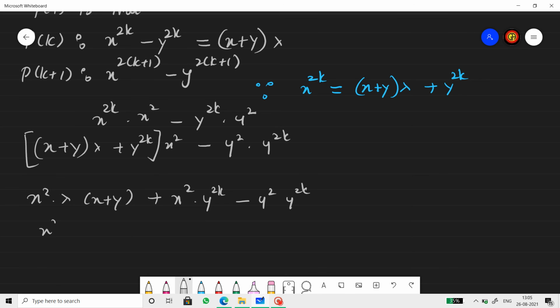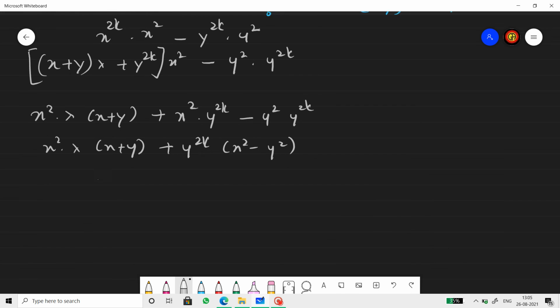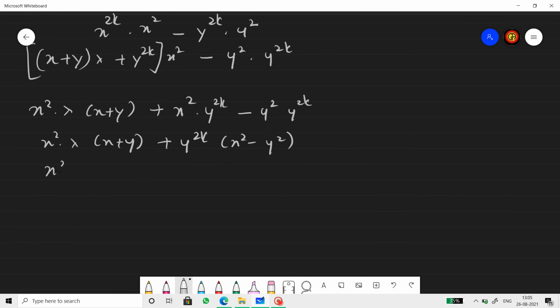Well, what I have to prove? I have to take x plus y common out. Well, if I take y power 2k out, this will be x square minus y square. Next step, I'm going to split that y power 2k into x plus y into x minus y. That's it.